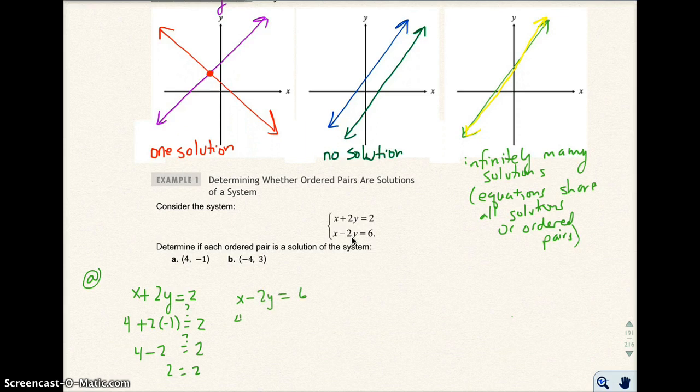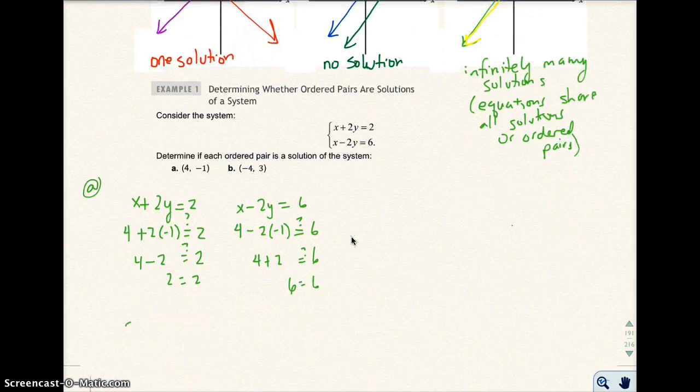And so I do 4 minus 2 times negative 1. That equals 6. I get 4 plus 2, and 6 does equal 6. So (4, negative 1) is a solution to the system. It has to work in both equations for it to be a solution.